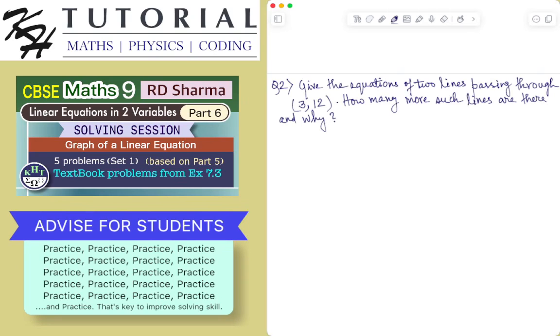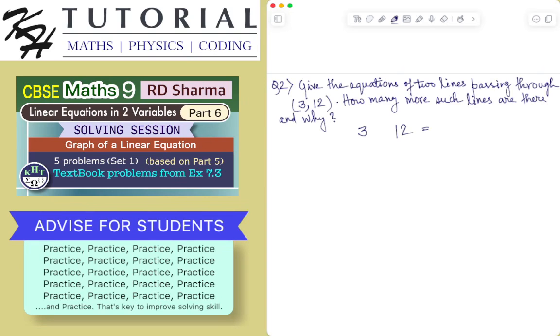The idea is that you try to form any relation between the x coordinate and the y coordinate of the given point, that is 3 and 12. What relation can I form between 3 and 12? You can think of any arithmetic operation between 3 and 12 and then put the result on the right hand side.